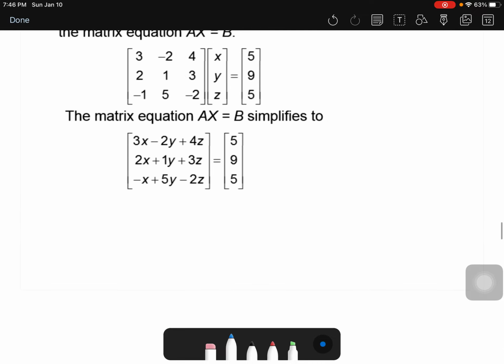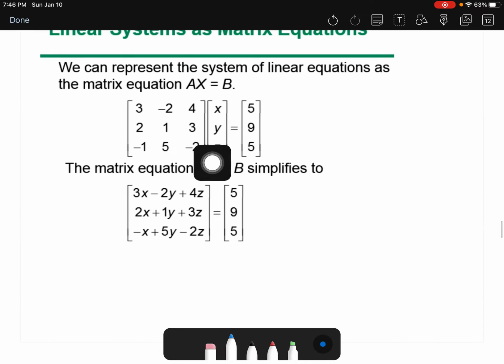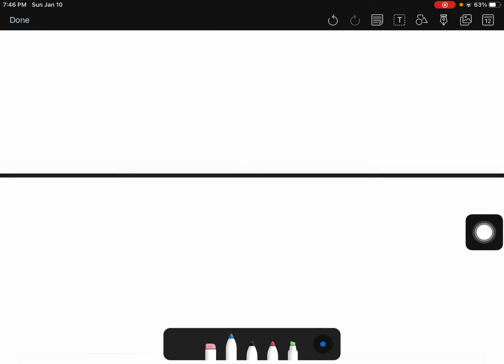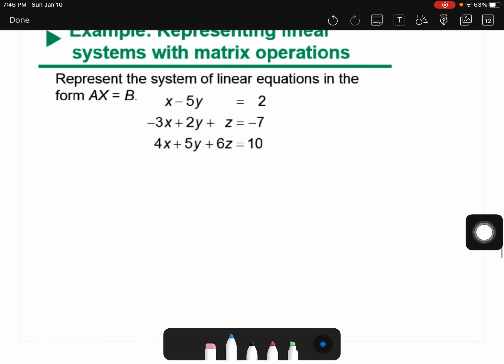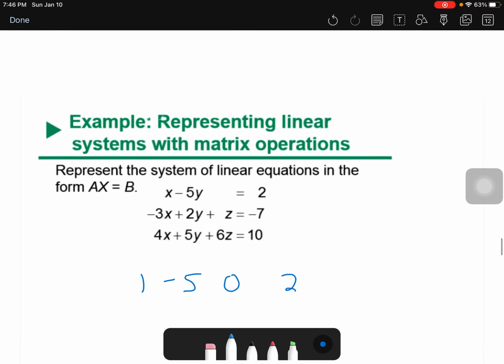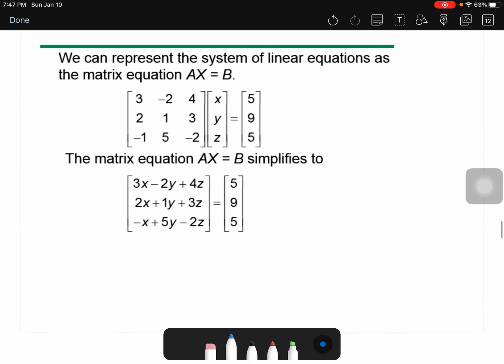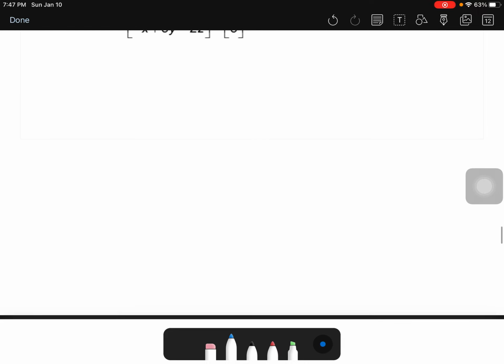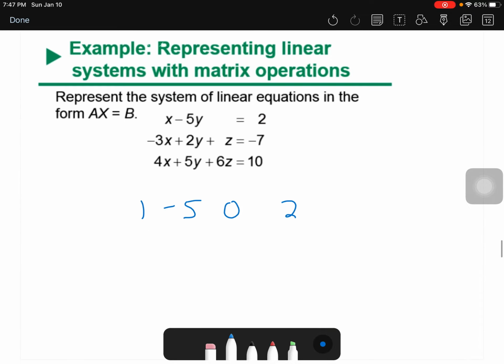Okay, so we want to do kind of like what we just did right here and represent it in this form. So all we need to do for this is just take our coefficients, which are going to be 1, -5, and since there's no z there, we'd put a 0 in that position, and then we're going to put a 2 on this side. I'll wait to do the constants because we want to put our coefficient matrix in there, and our variable matrix.